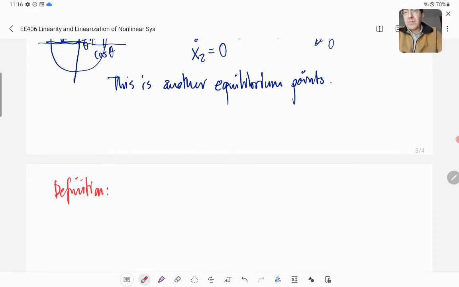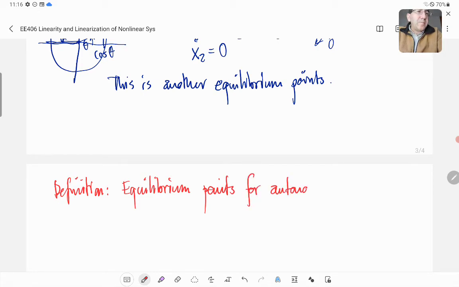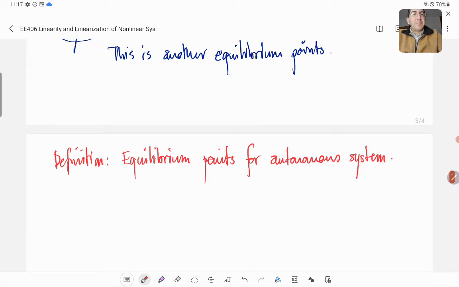Okay, so definition of equilibrium points for autonomous system. Later on, we will also define equilibrium points for non-autonomous or forced dynamic systems as well, and you will see that that's going to have a slightly different definition.